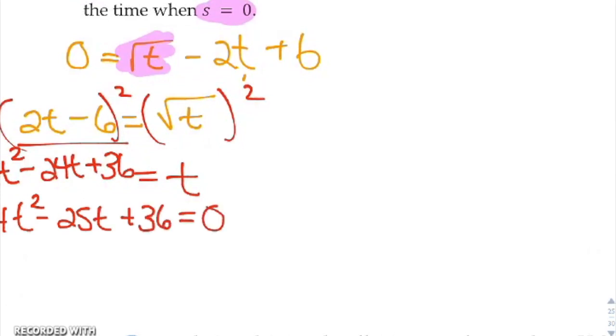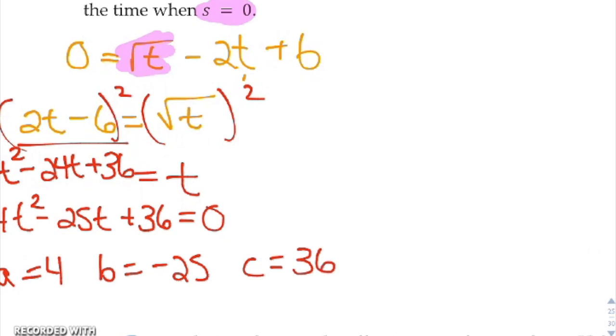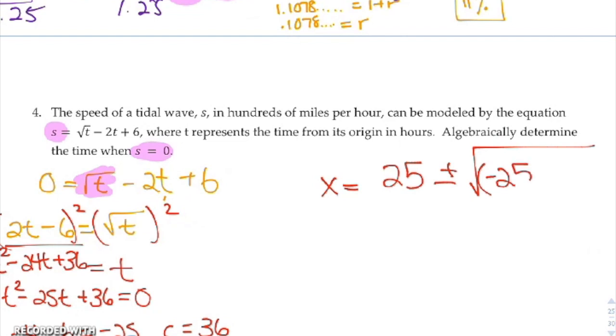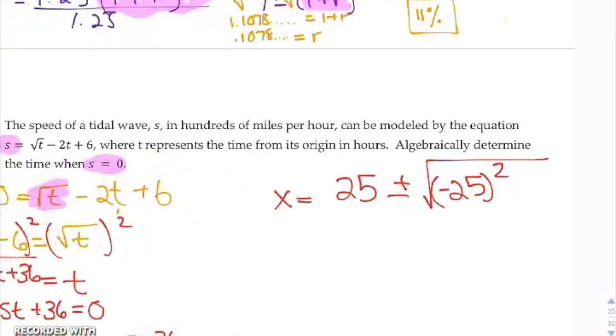You can factor this. There's not a GCF, but you could do A times C. But when my numbers get this big, I'm actually going to do quadratic formula. So A equals 4, B equals negative 25, C equals 36. And so quadratic formula on this would be x equals negative b, so positive 25, plus or minus the square root of b squared. Notice I'm putting that in parentheses.